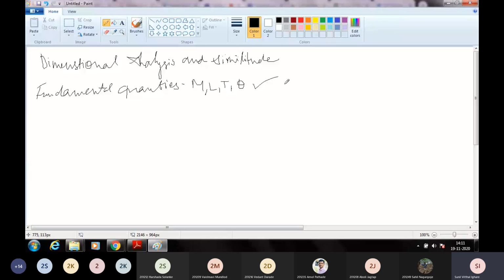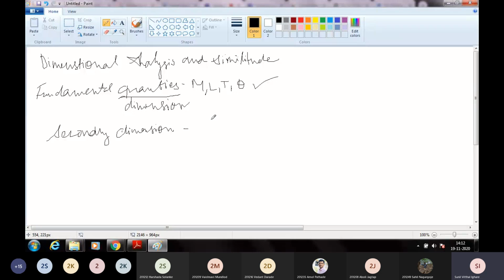The unit of a physical quantity which depends on the unit of other physical quantities is called a secondary quantity or secondary dimension. This may be written as fundamental quantities or fundamental dimensions, and the next is secondary quantities or secondary dimensions. Now, what are the secondary dimensions? Where the physical quantity depends on others.